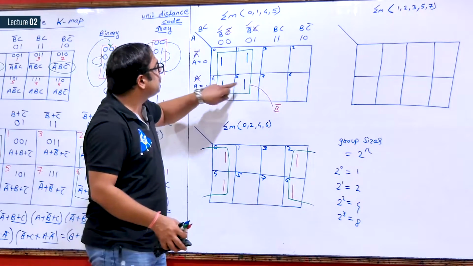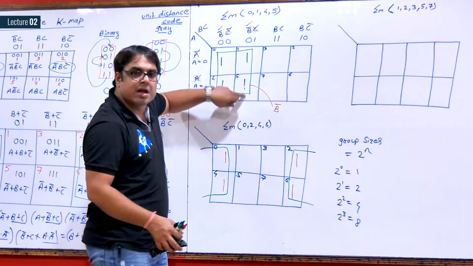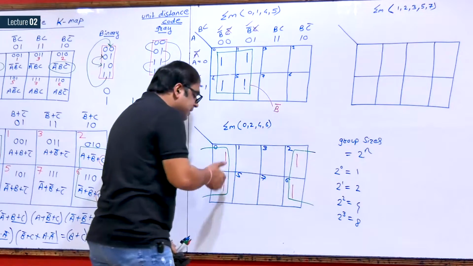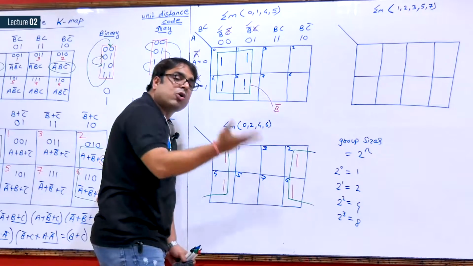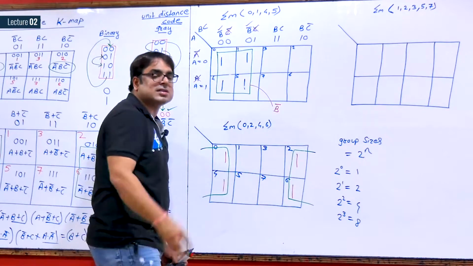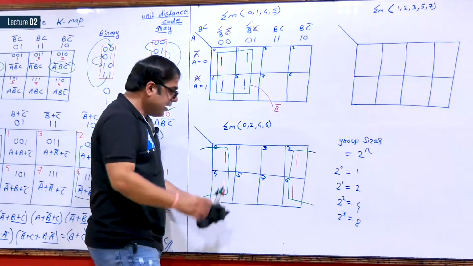So these four are the neighboring min terms, because the last can be connected to the first as I have already explained to you.